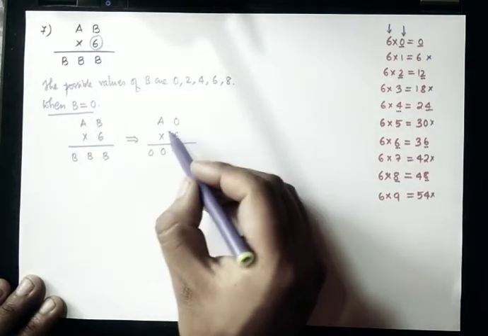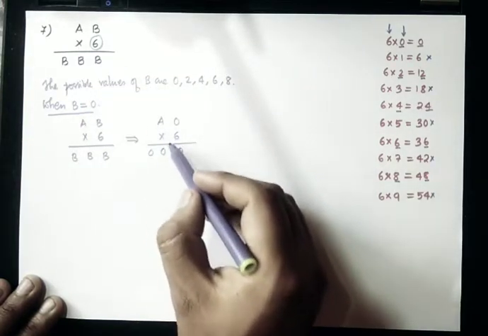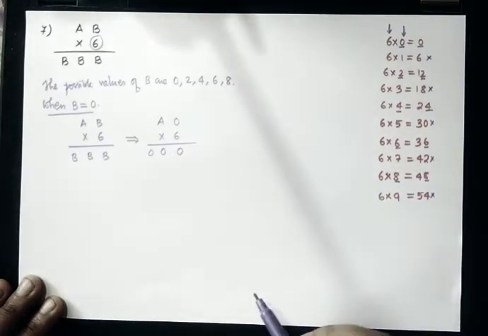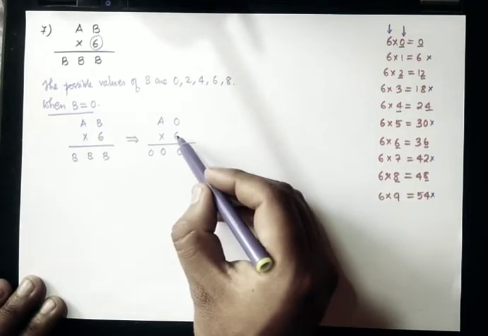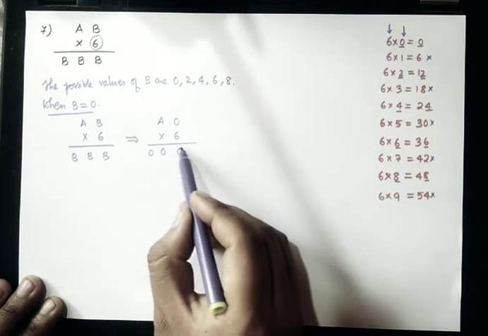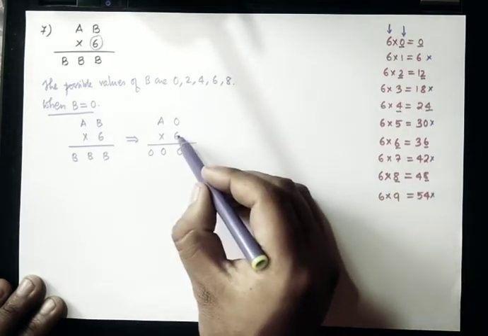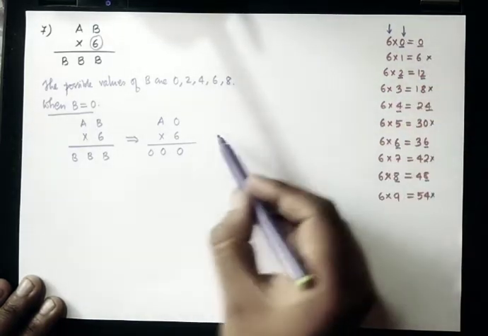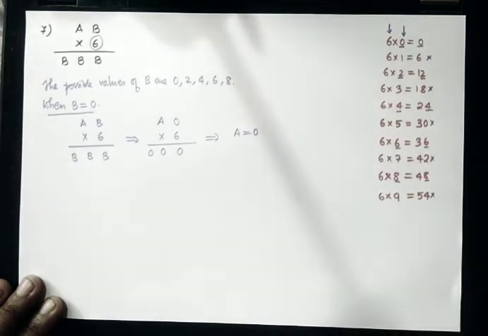You don't write A here and 6 here, as it may create some confusion. Make sure that you align each and every number in its respective position. Now 0, 0, 0 means we are getting the product to be 0. 6 into some number will be 0, and that number will be 0. So from here directly I am getting A to be 0.